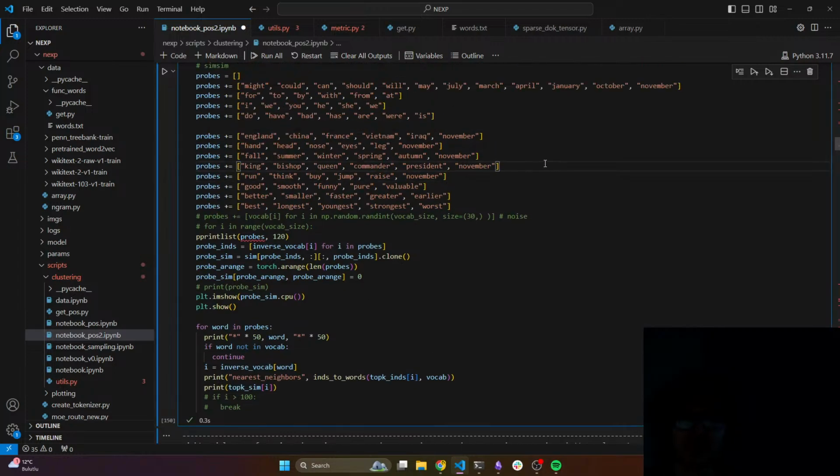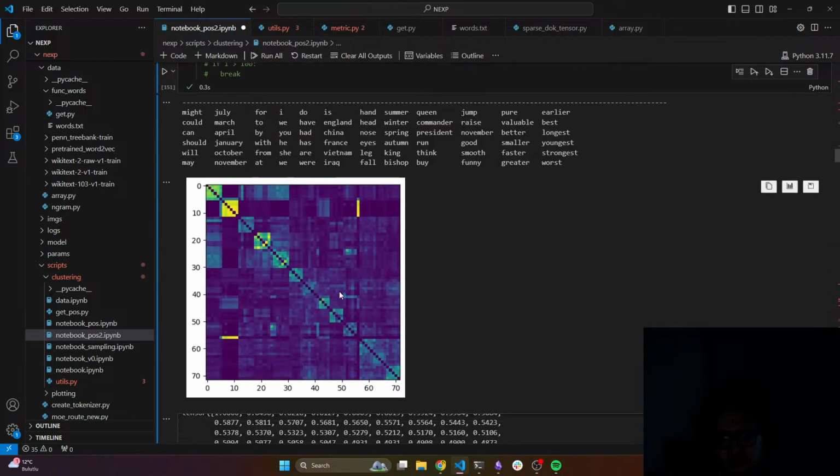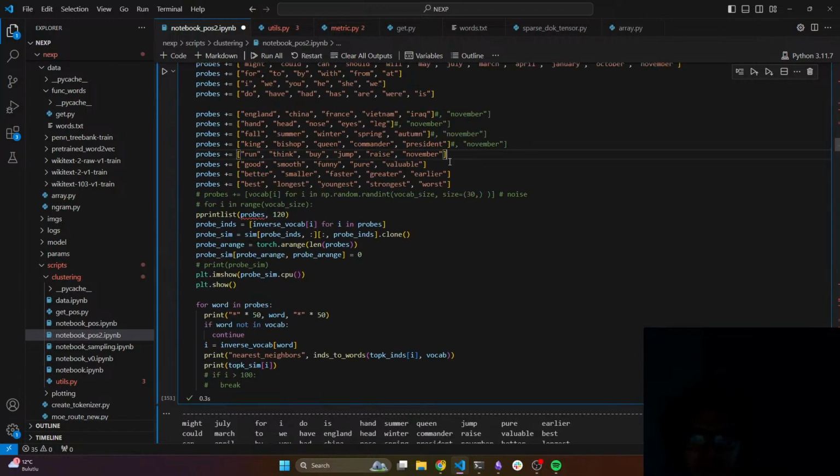just for the sake of it, if I remove all of the Novembers, we can still see some interesting behavior here. There's still one November left that I forgot to remove.